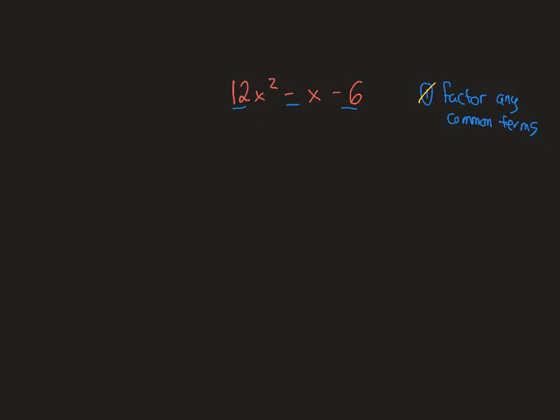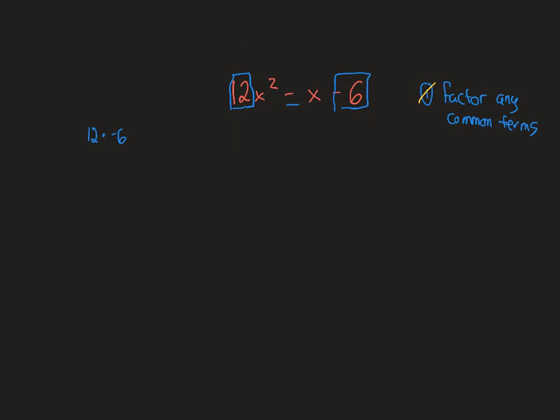Well, we're going to do the same thing we did for simple trinomials, except instead of looking for which numbers multiply to give me 6 and add up to give me -1, we're going to take your first number there, the 12, and the -6, and we're going to go 12 times -6.